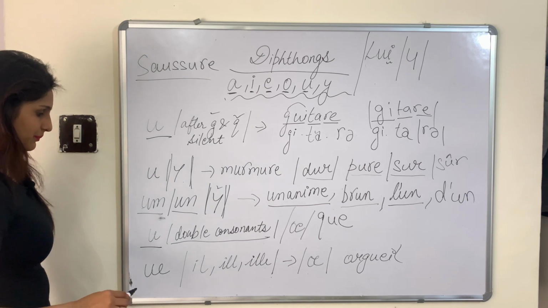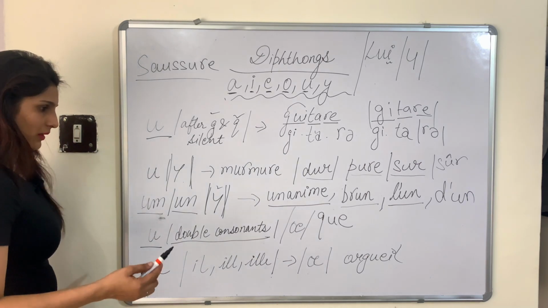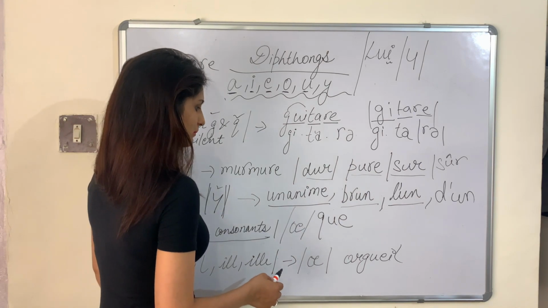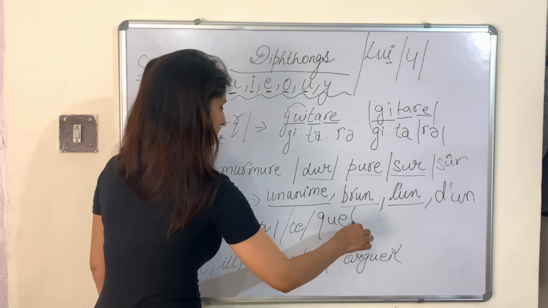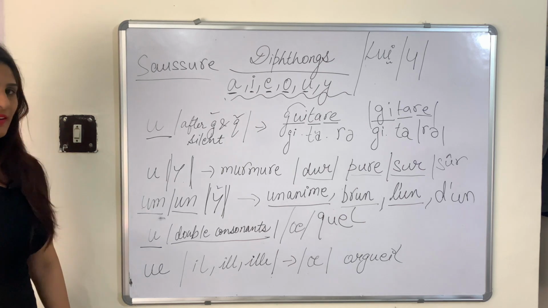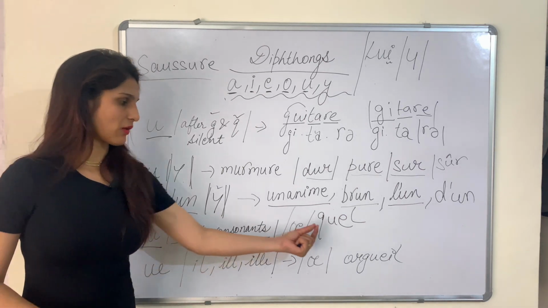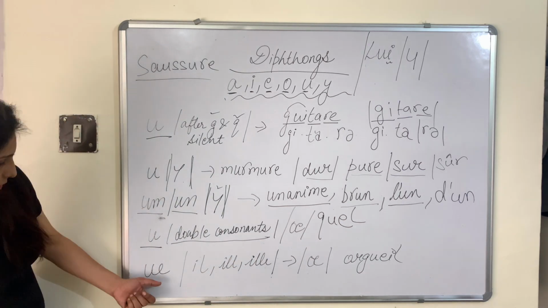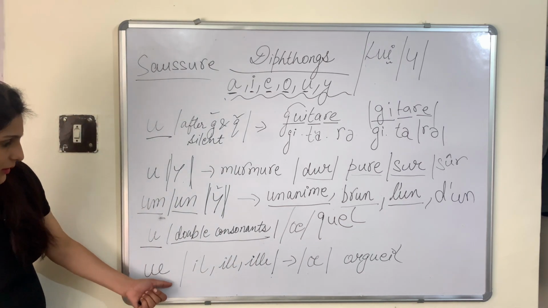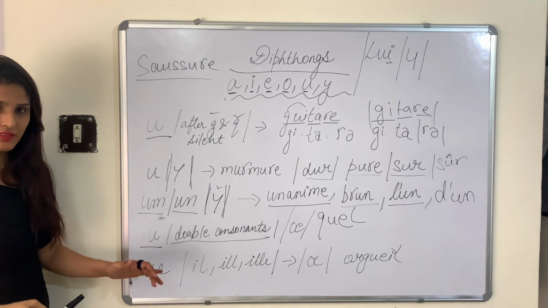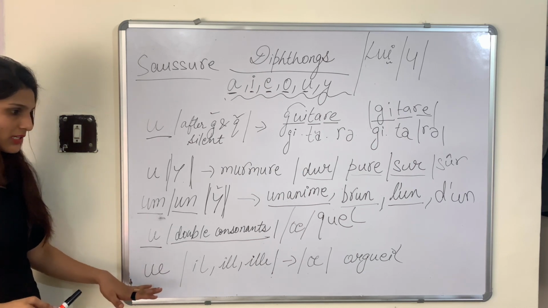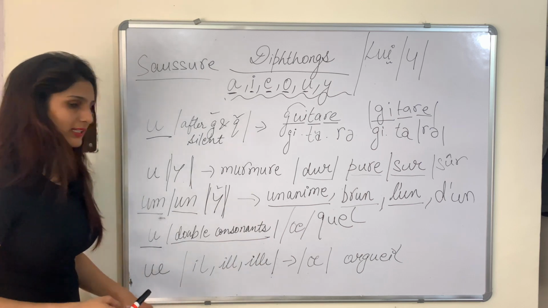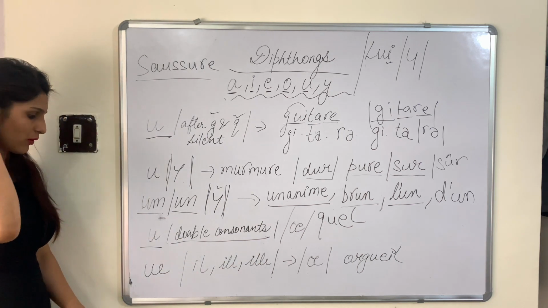Quel. This sound will become U, especially when U is followed by E, these diphthongs.